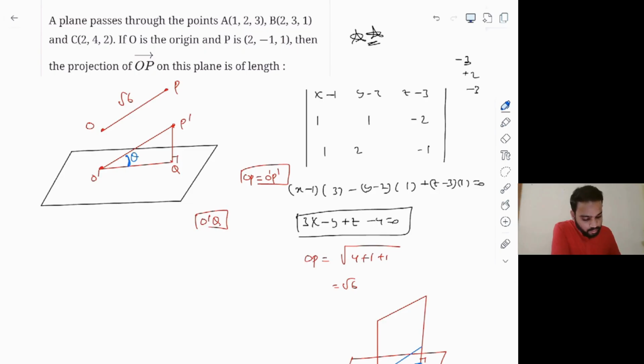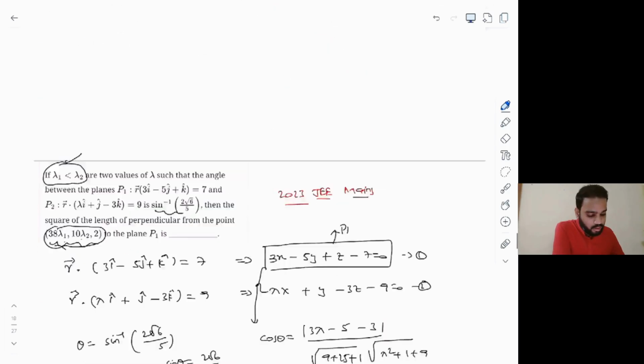So what are the DRs of this OP here? DRs of OP are nothing but 2, minus 1, 1, and clearly the DRs of the normal to this plane are 3, minus 1, 1.